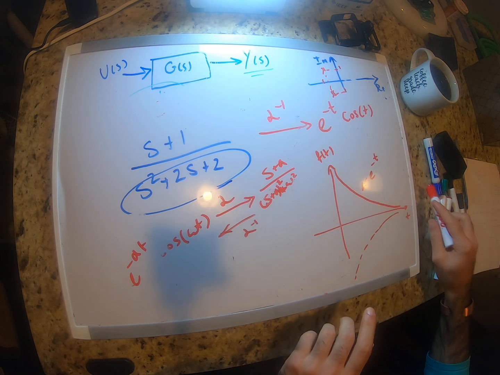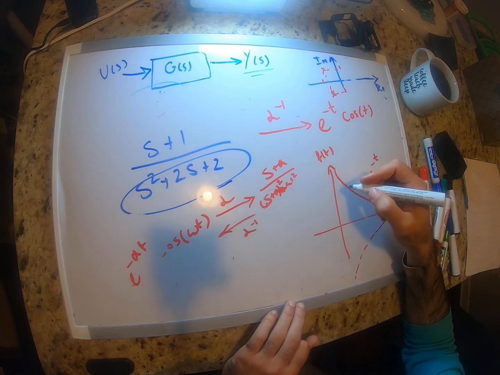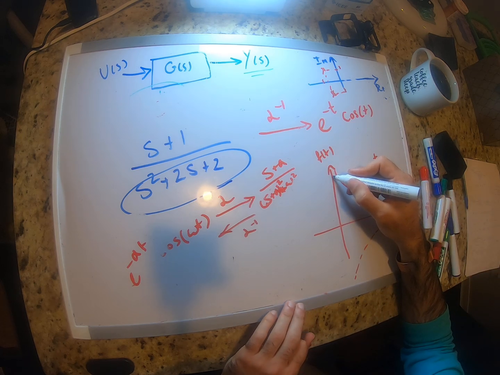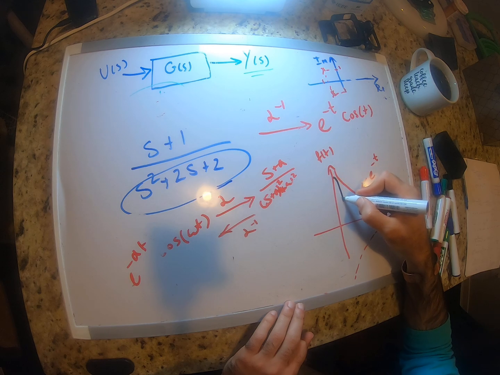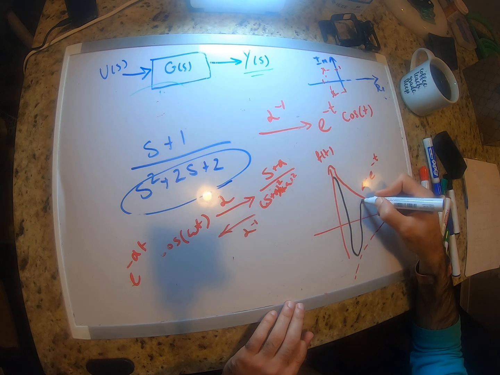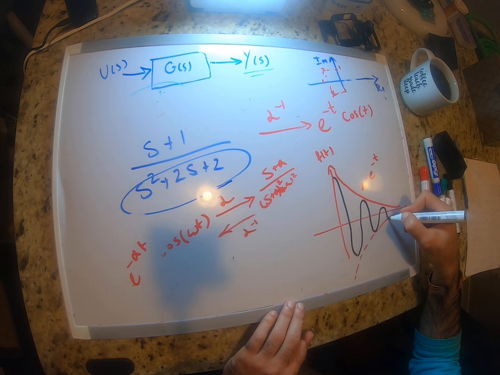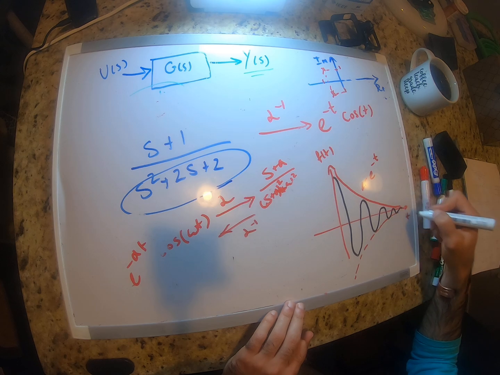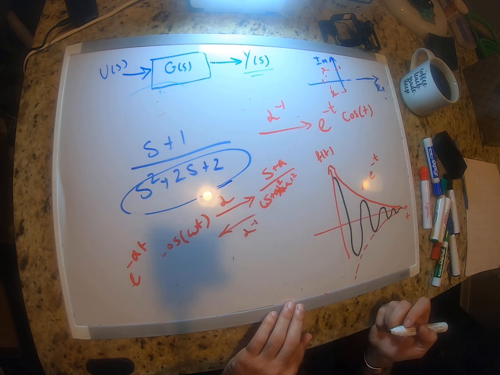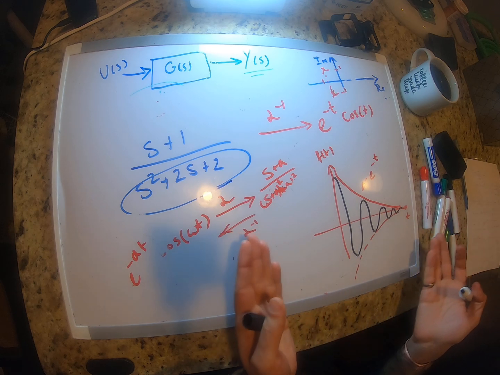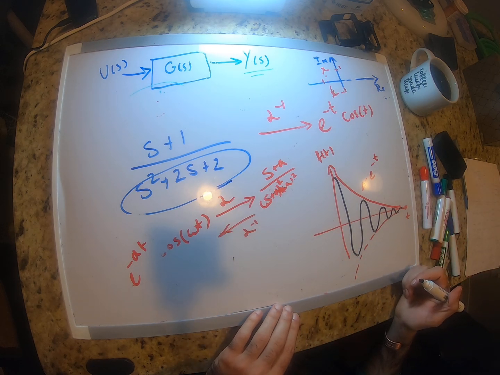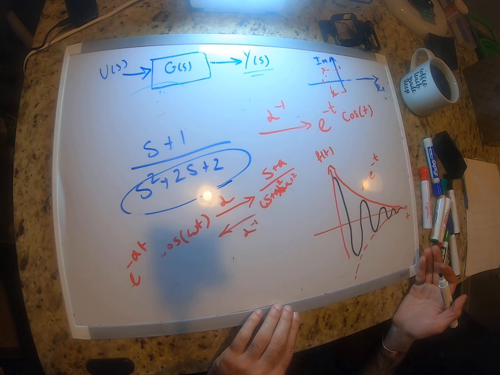So our waveform is going to look like this. It's oscillatory, but eventually becomes 0. So it is stable, but it has a different waveform than the waveforms that we saw before.